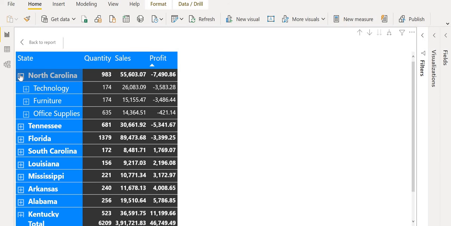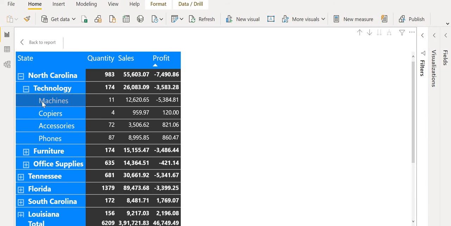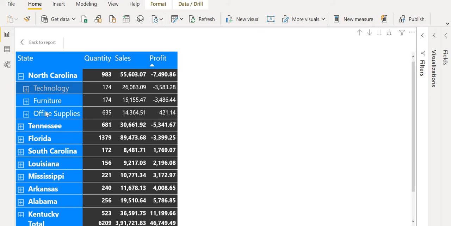I've created a hierarchy under it, with the categories of the products followed by the sub-products. We can see that technology has a profit of minus 3.5k, which is relatively low, and office supplies have the greatest profit out of these 3.